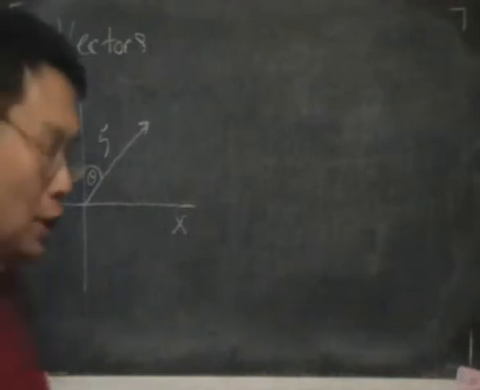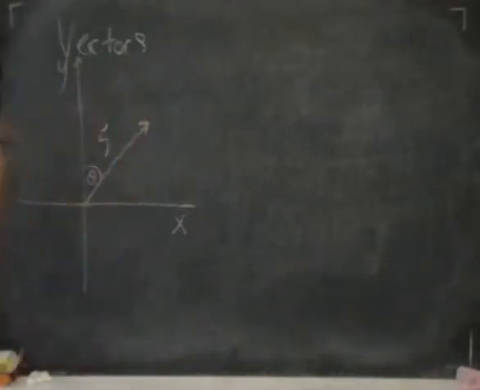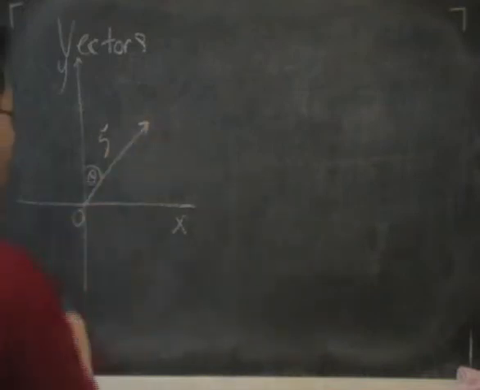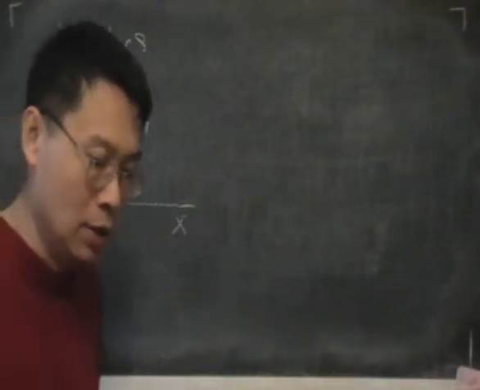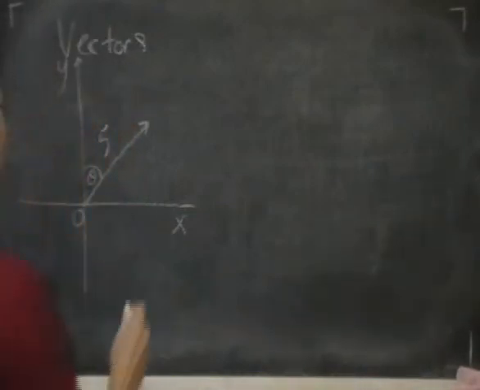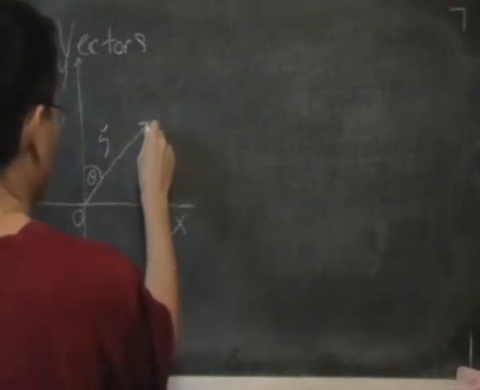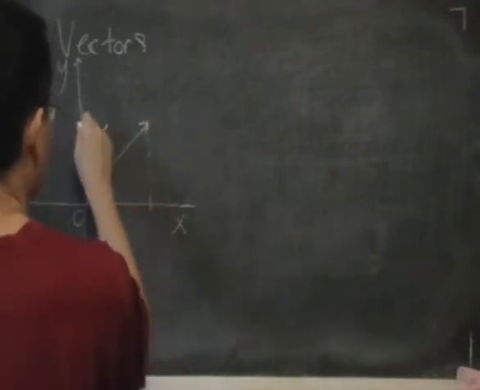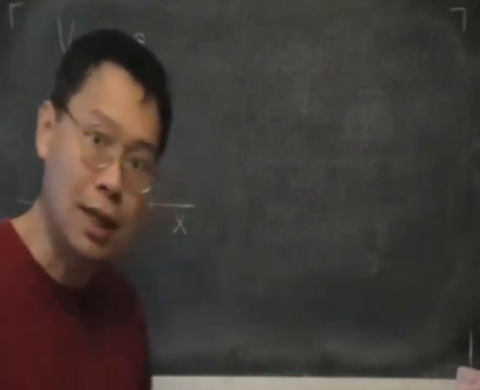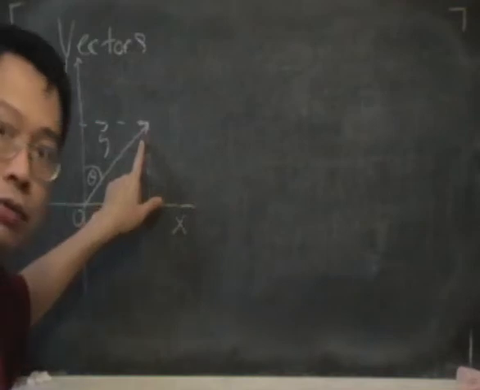If you're on a graph, you can imagine drawing an arrow or a vector with the tail end at the origin, and the tip of the arrow would be somewhere on the graph. If you draw that, then there is another way that you can describe a vector. You can make use of the position of the tip of that arrow on the graph.